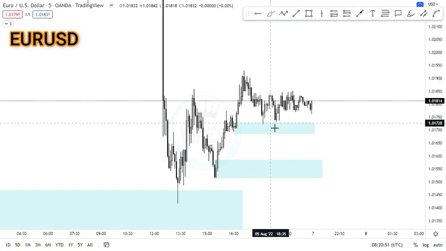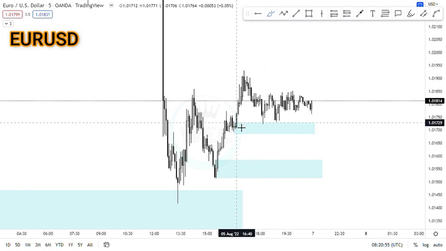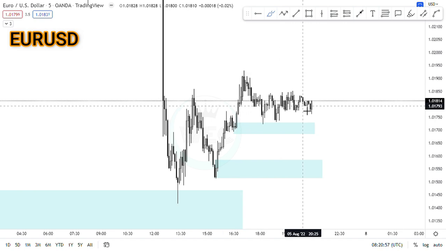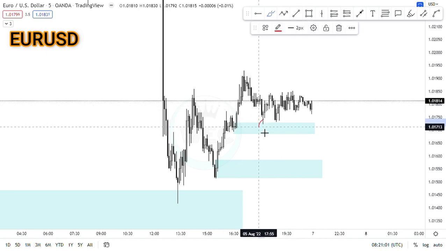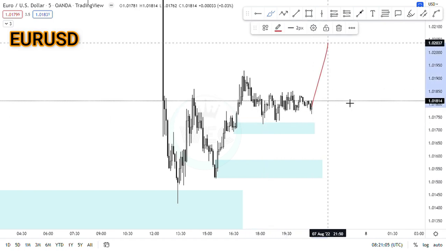Now, this is what I will be looking at. I have these two levels of demand, which I've marked on M5, right? And so personally, I think that what will happen is that when price opens, because we've already tapped into this level of demand, we may have price pushing all the way to the upside, okay?